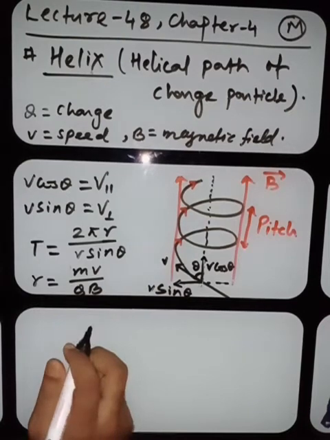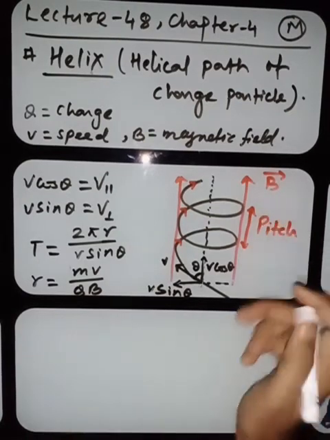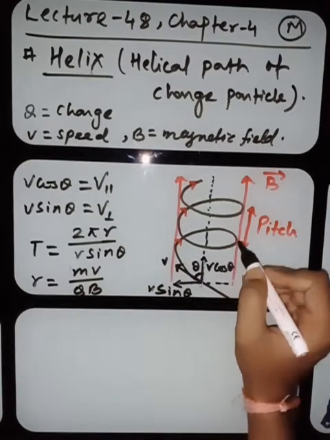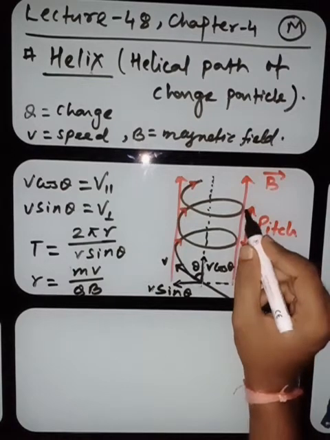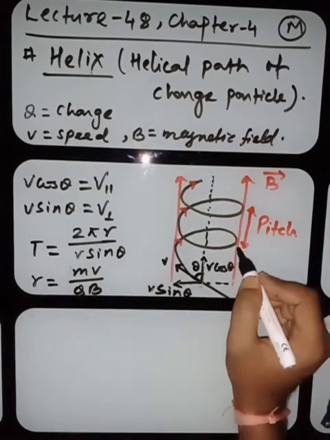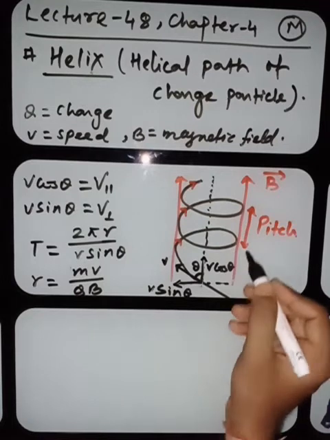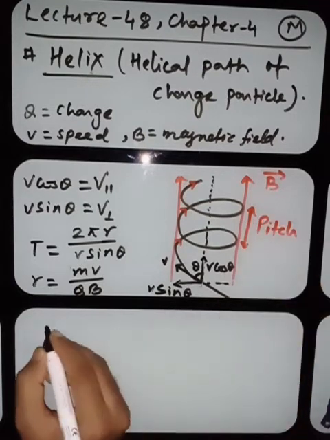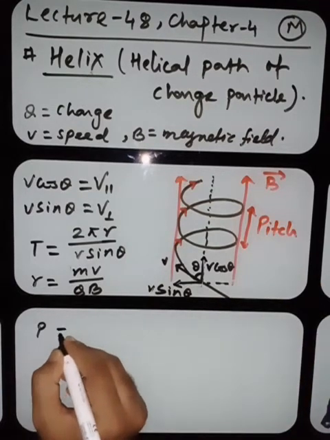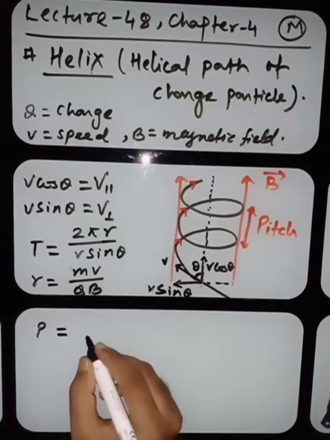Now we have to find the pitch, this distance. So how much time does it take to cover this distance? It is t, and with which speed is it moving? V cos theta. So the distance, that is the pitch, we can write as velocity into time.